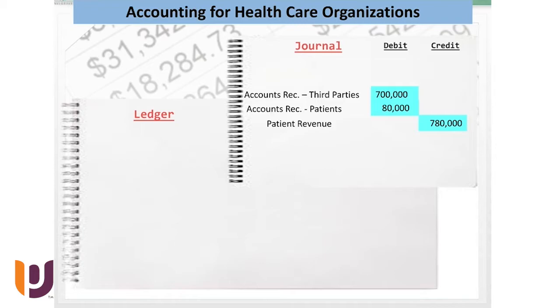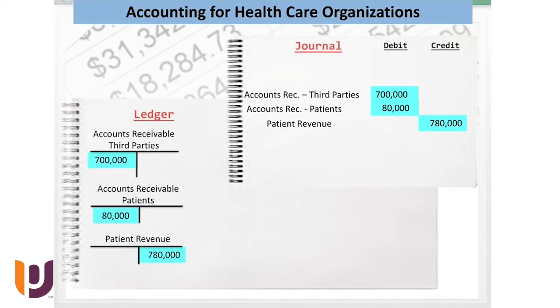The $20,000 service to the poor will not be recorded as either revenue or a receivable, as it was performed with no expectation of being paid. You could record this amount as a $20,000 debit to receivable and credit to revenue, and then immediately reverse the entry, or not record it at all, which is what most hospitals do. Amounts are posted to the ledger.